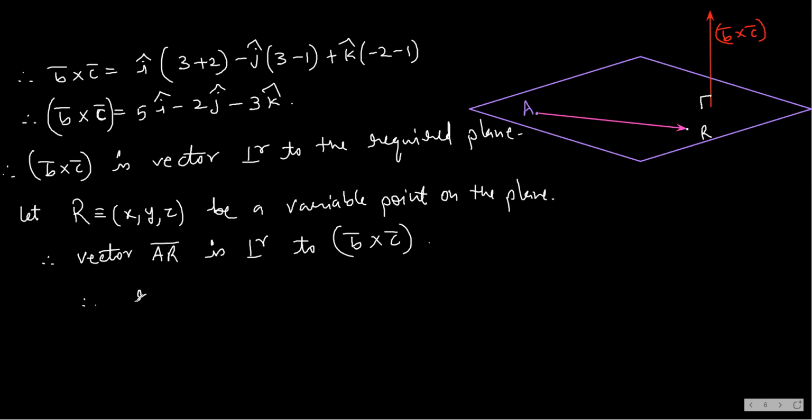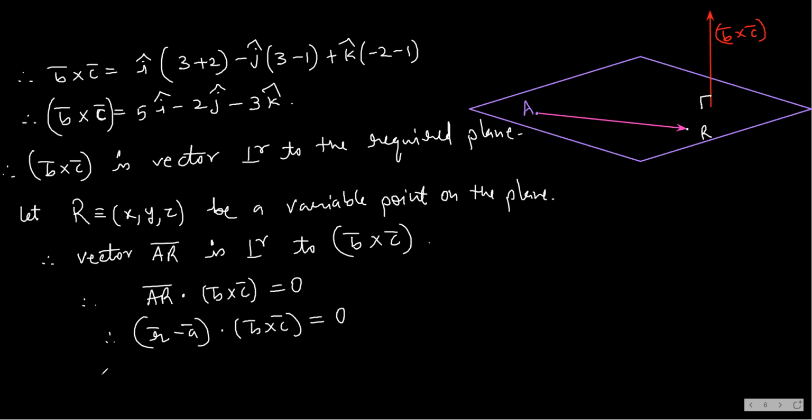Therefore, AR bar dot b bar cross c bar is 0. Therefore, R bar minus A bar dot b bar cross c bar is 0. Therefore, R bar dot b bar cross c bar equals A bar dot b bar cross c bar.